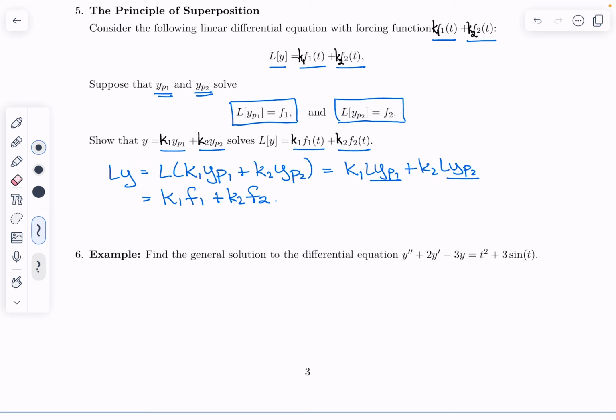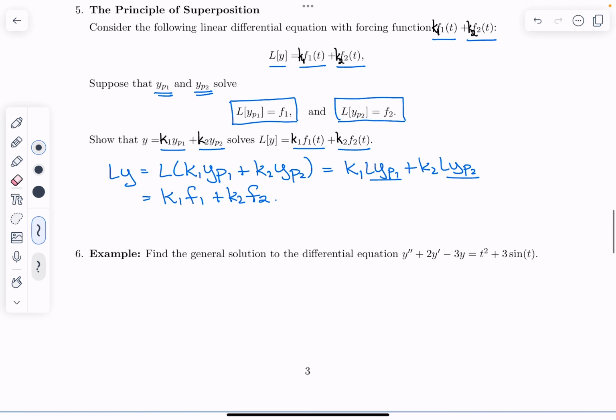Let's see this as an example. I want to solve that same differential equation, y double prime plus 2y prime minus 3y is equal to t squared plus 3 sine t. Now, I actually solved the equation when the right-hand side was 27t squared.